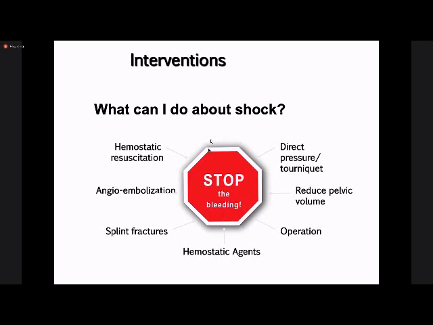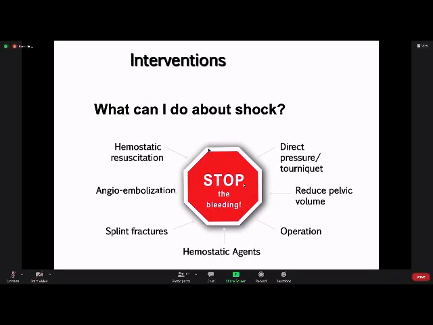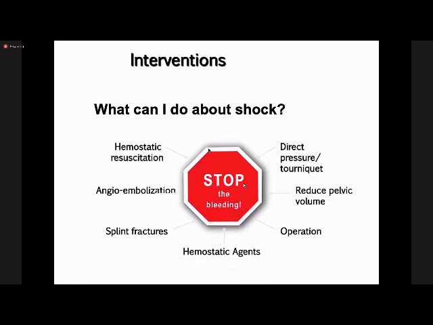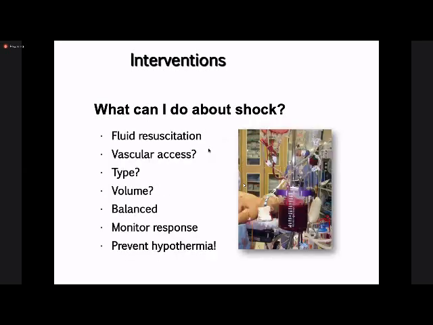Plus, a commonly used drug nowadays is antifibrinolytic agents to control bleeding, tranexamic acid. So tranexamic acid in most situations will reduce the amount of bleeding. So all these are things that we do for patients who are in shock due to bleeding and hypovolemia.